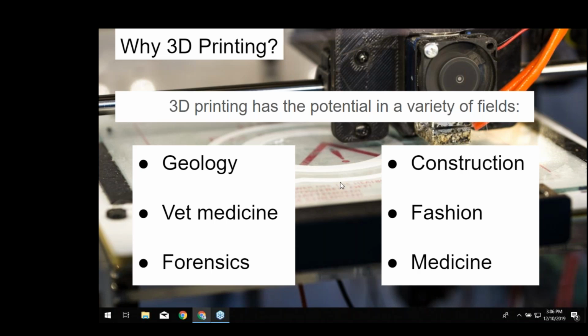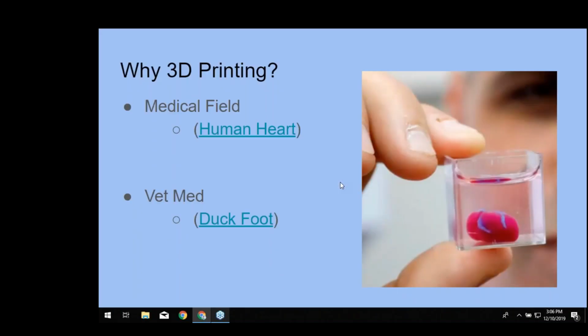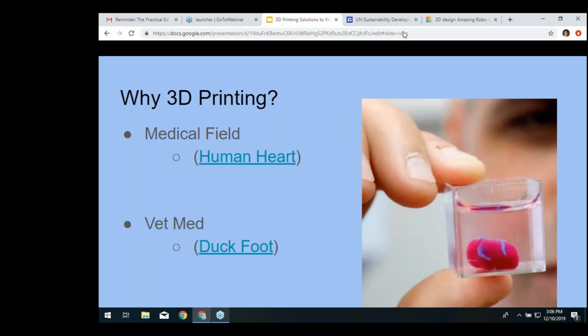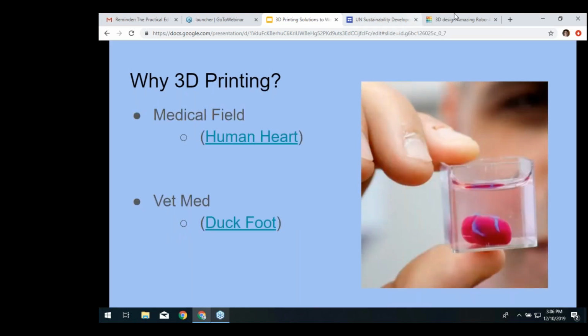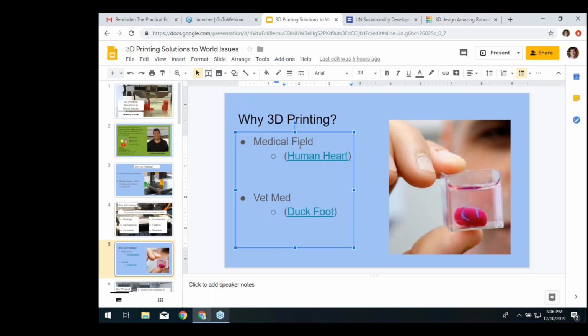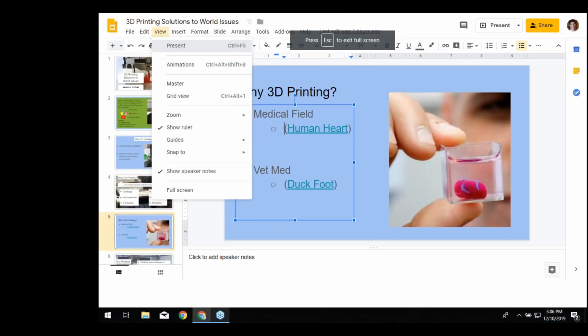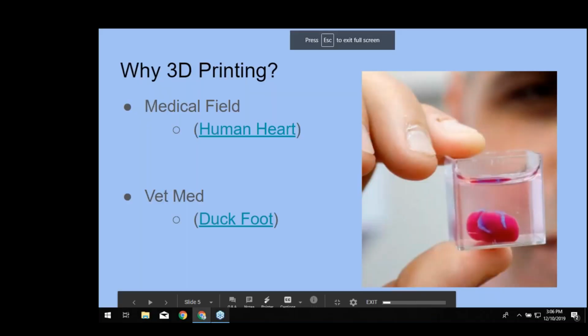Just some of the advances that have been made in medicine. For example, the human heart is one example of this, and they are using cells of the human heart as well as incorporating 3D printing within that to create an actual human heart.